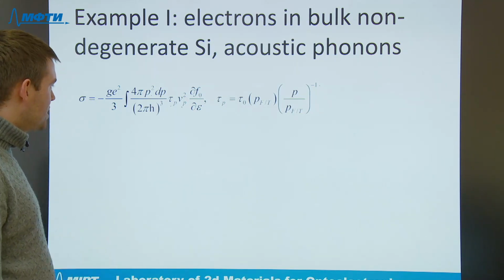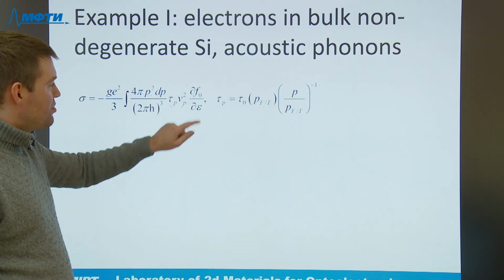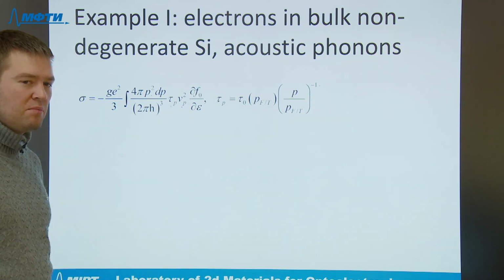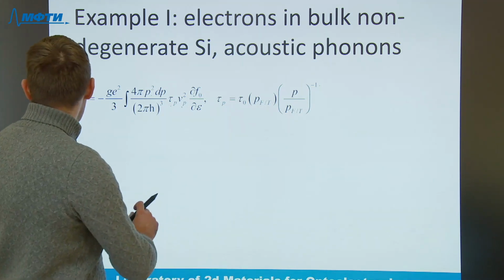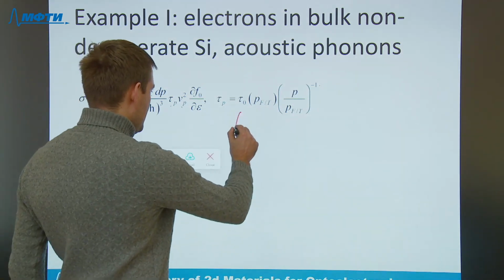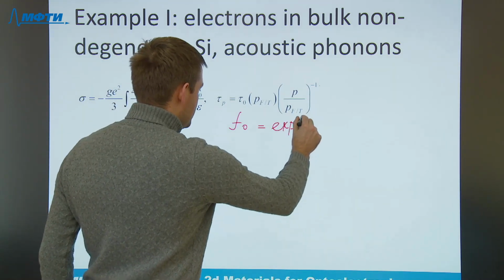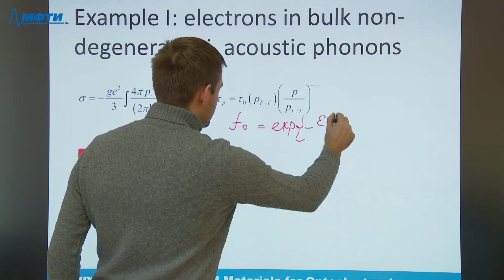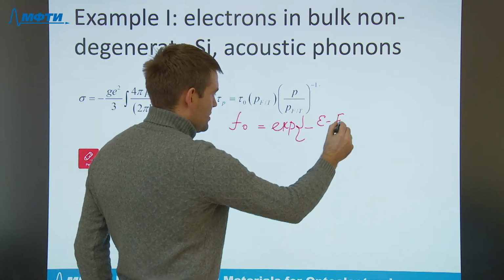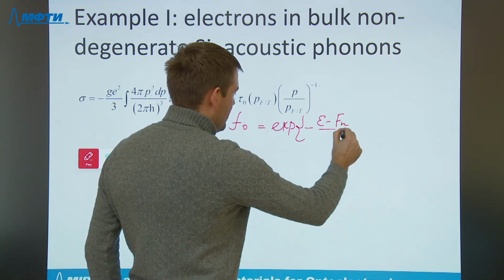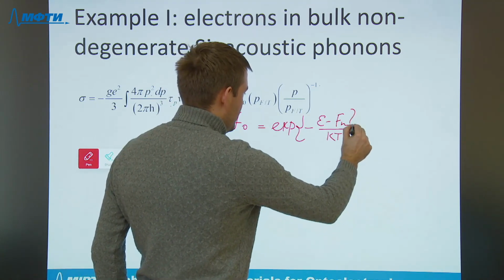In the non-degenerate semiconductor, the distribution function F0 is a simple Boltzmann function. And it is just a simple exponent of minus energy reckoned from the Fermi level for electrons divided by kT.